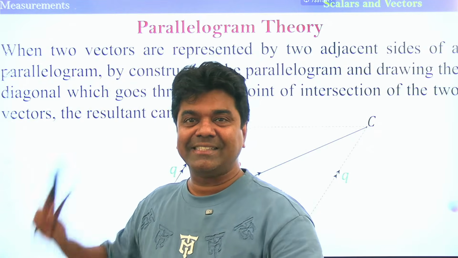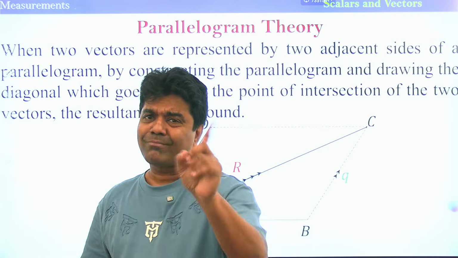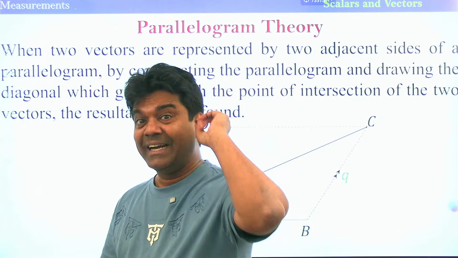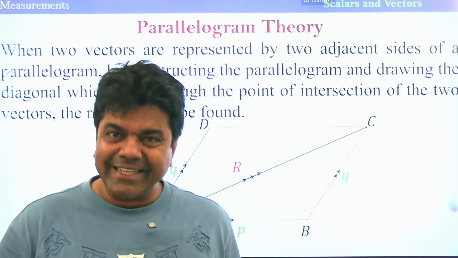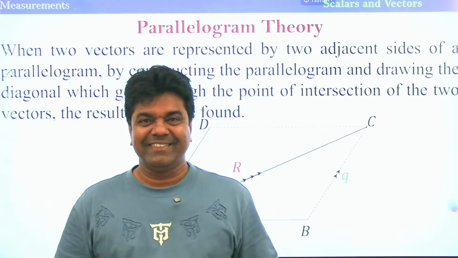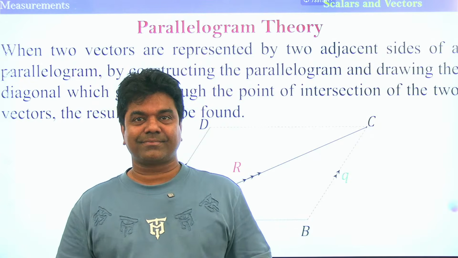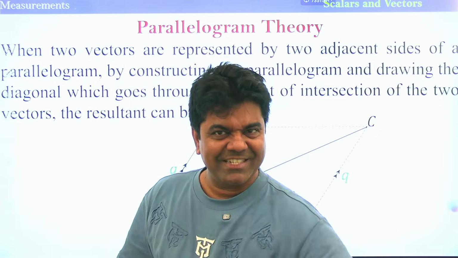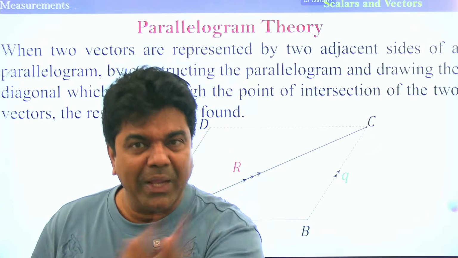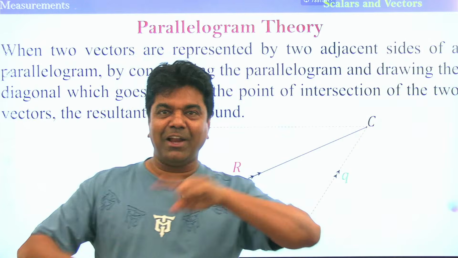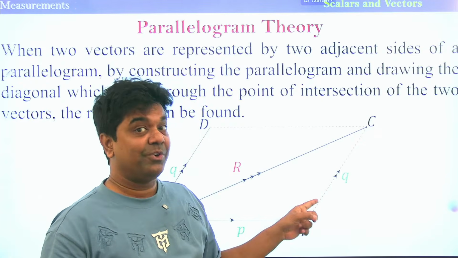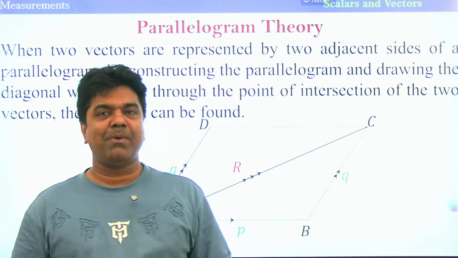So in this case, we are not going to go for geometrical construction. We are trying to develop an equation that will help us find the value without doing the geometrical construction. So that's why we try to develop it here. Keep an eye on it.